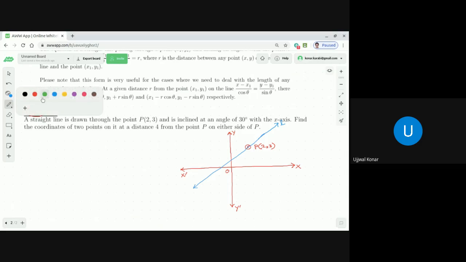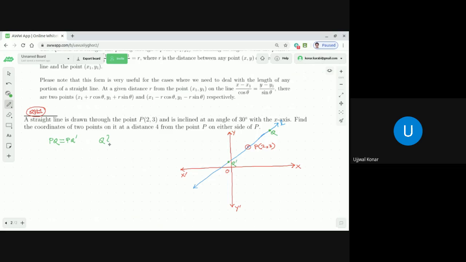That means, suppose we get a point Q here, which is at a distance 4 from the point P, and another point Q dash here, which is also at a distance 4 from the point P. So PQ is equal to PQ dash. What is our task?